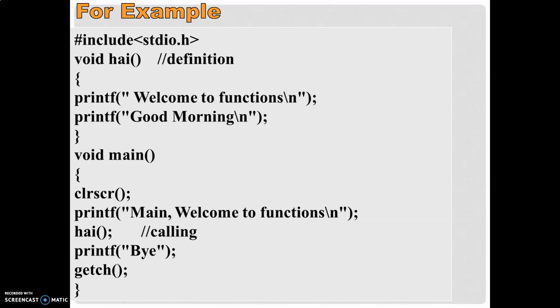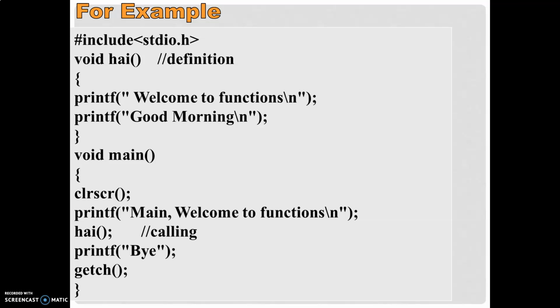But if you are writing the main function first, then you are writing the function definition, then obviously you have to declare the called function, void high or void whatever you are taking, or int anything. Clear? That means if you are writing the main function first, you have to declare the function call, or you have to declare the name of the function that is to be called. If you are writing the definition first before the void main, you don't have to declare anything.